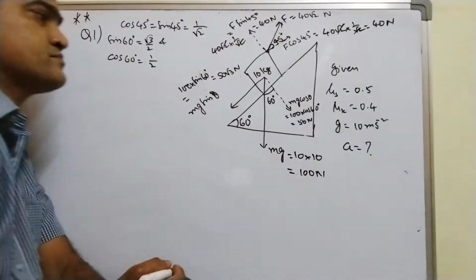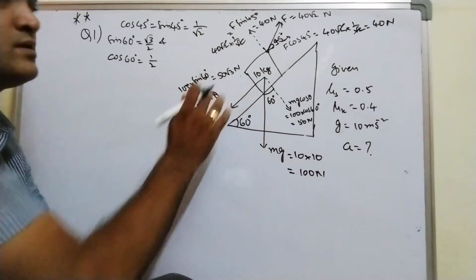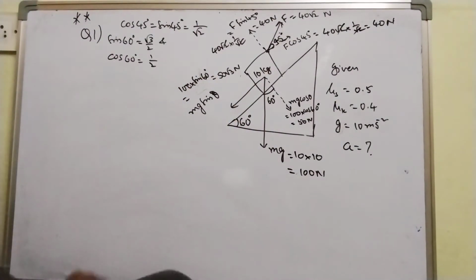So this value is 50 root 3. Now let's see.